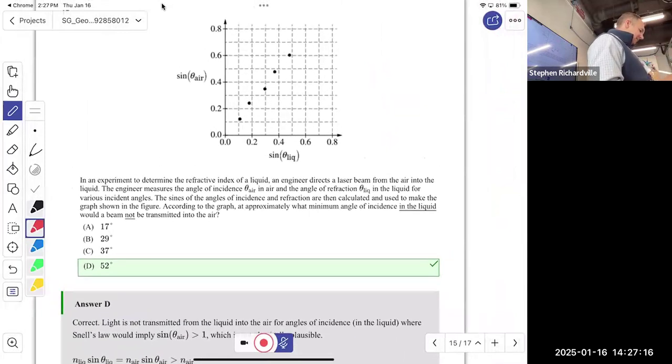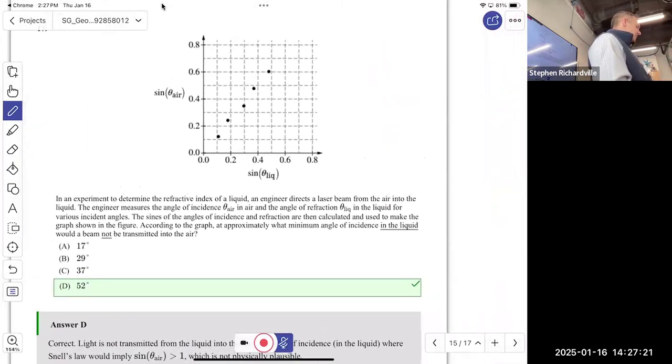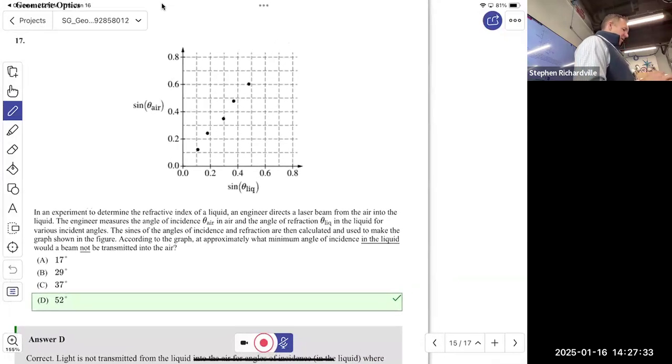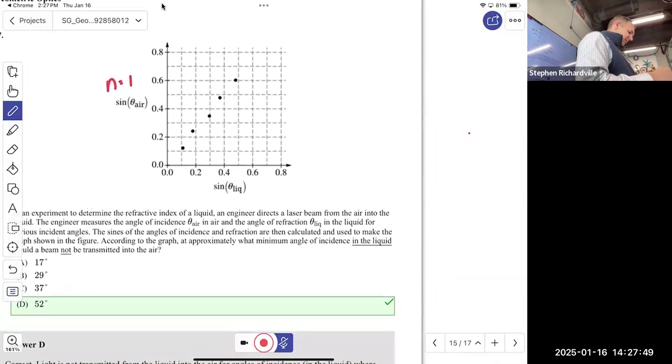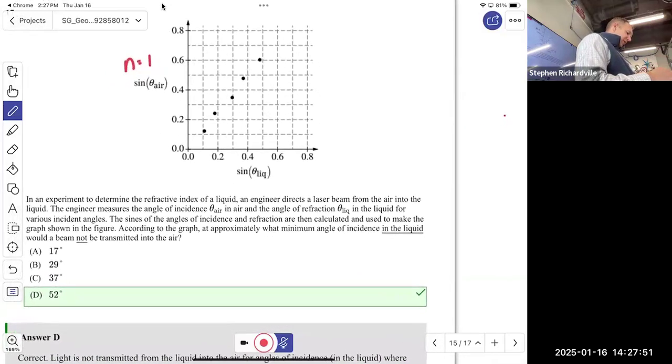All right, this guy. Okay. What did I do here? So if I'm doing critical angle, and this is air, do I know what the other stuff is?